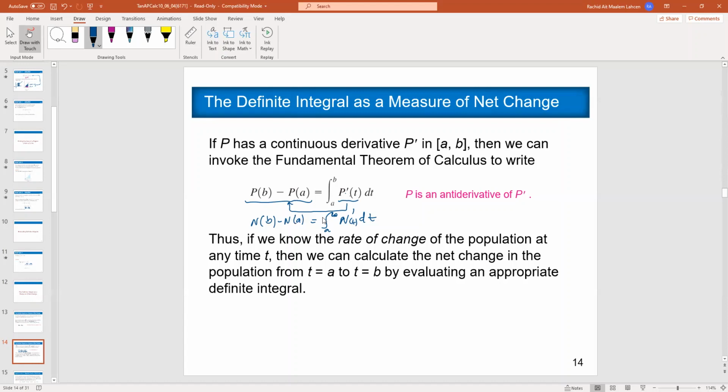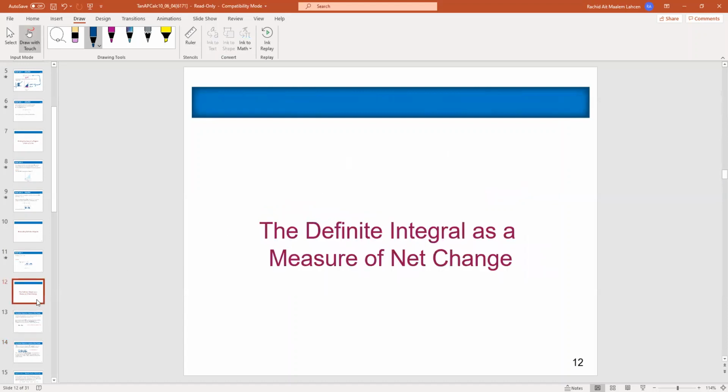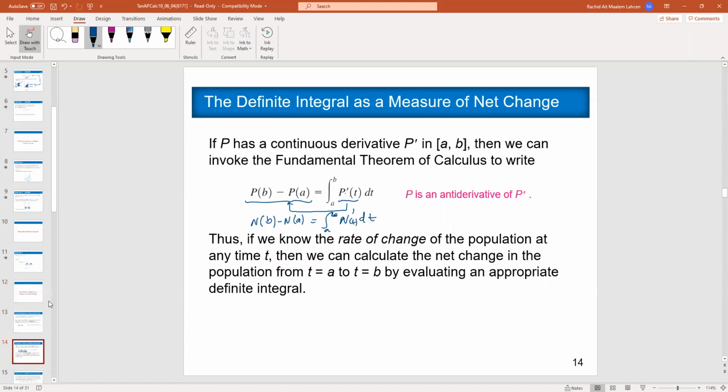That's a nice thing that got picked up from this theorem of net change. Same thing for a concentration. You'll have a concentration rate, and this allows you to find the concentration directly, right?